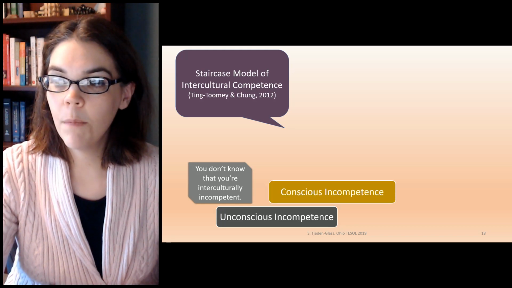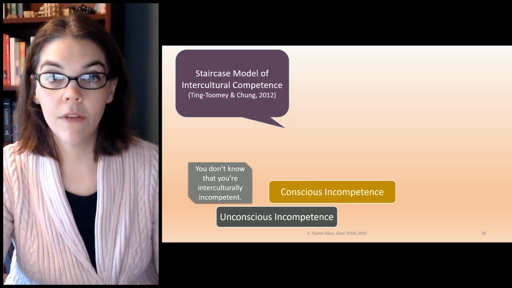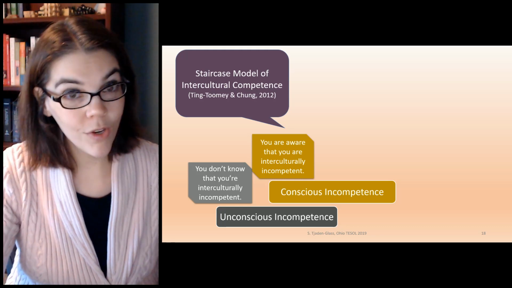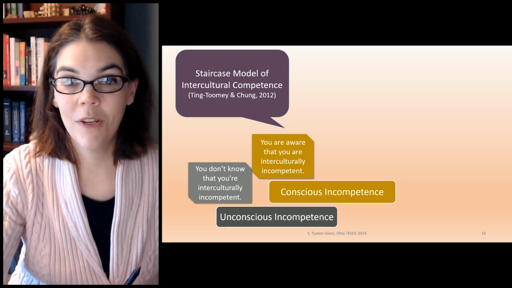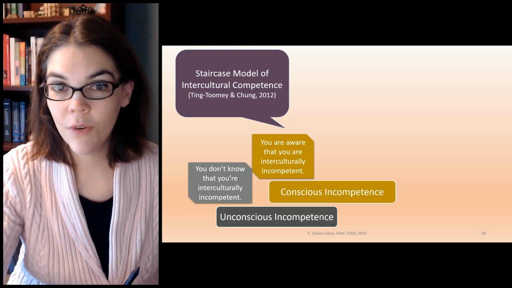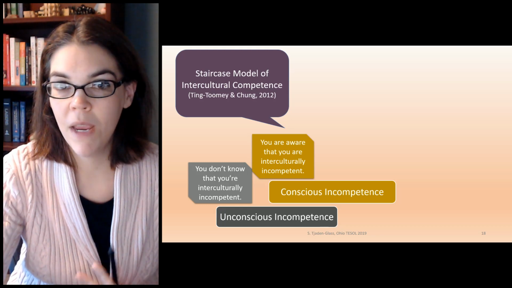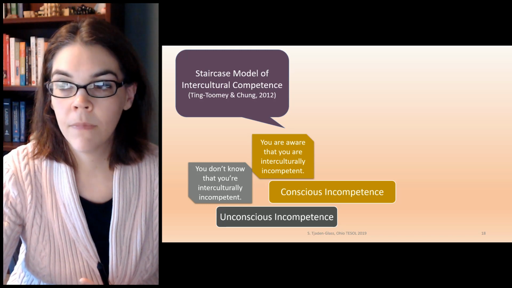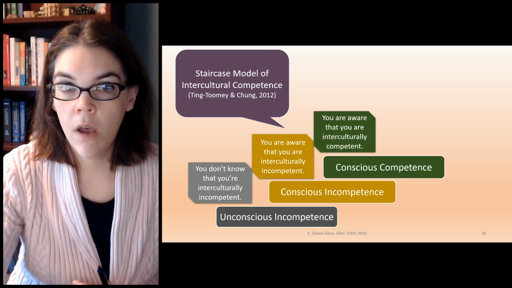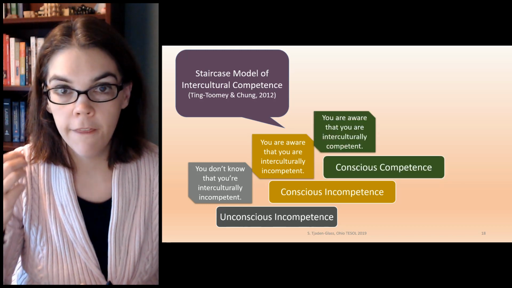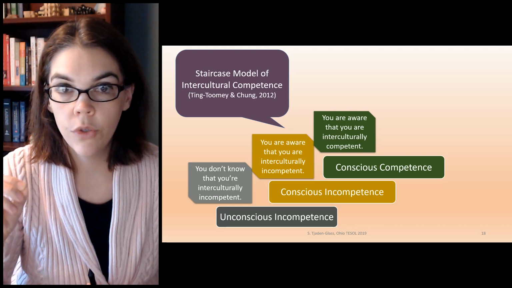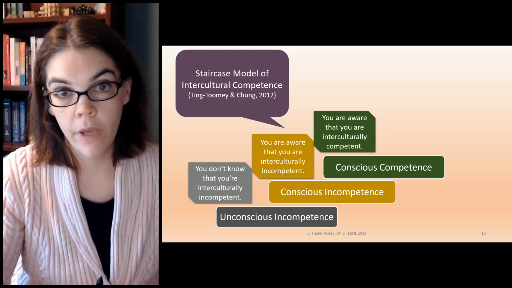The second step is conscious incompetence, meaning you know that you're interculturally incompetent. It's a frustrating place to be because you see that you lack something and you may not know what to do about it. Green is conscious competence, where you actively think about how to use the rules of the new culture that you're in.